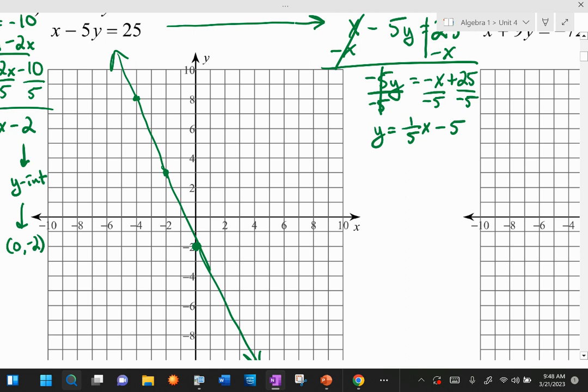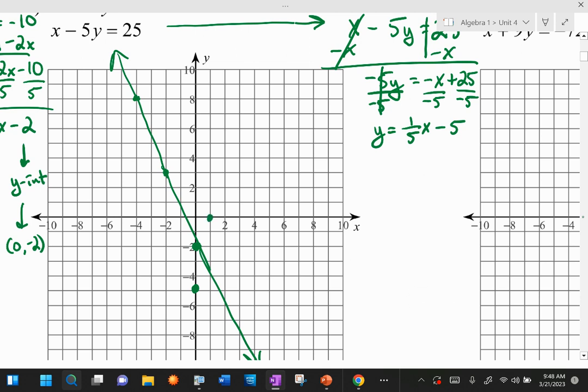Negative 5, okay? So we'll put a point at negative 5. And then, Lizeth, what's our slope? 1 over 5. Okay, so we'll go over 1, up 1, 2, 3, 4, 5.